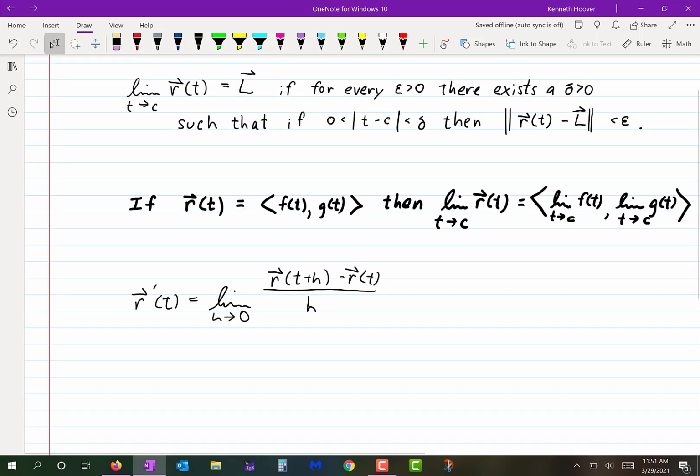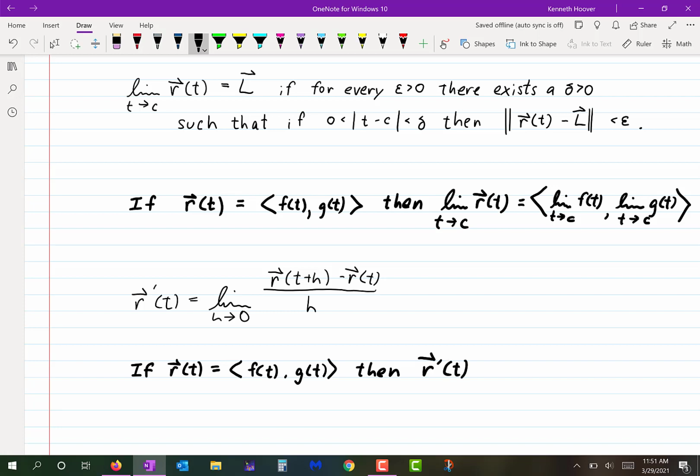It's much easier to write: if r of t equals the vector f of t comma g of t, then r prime of t is going to just equal the vector f prime comma g prime. Okay?